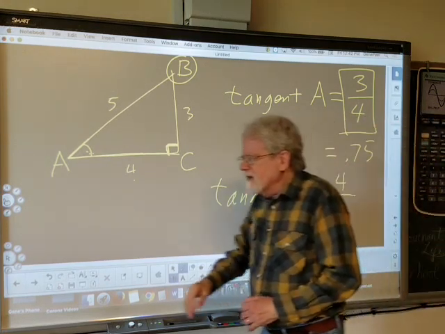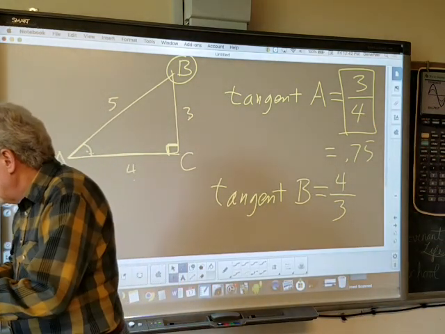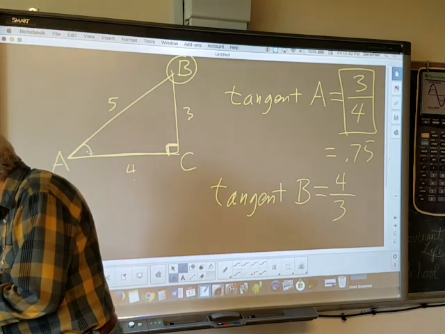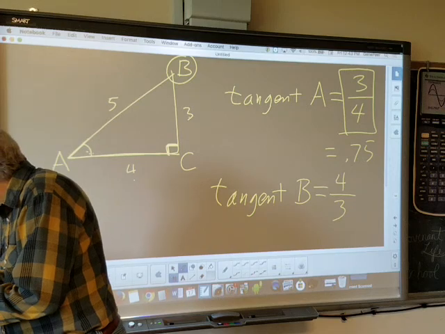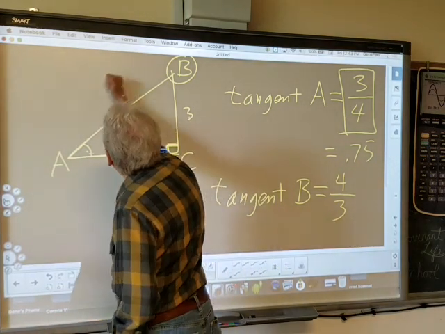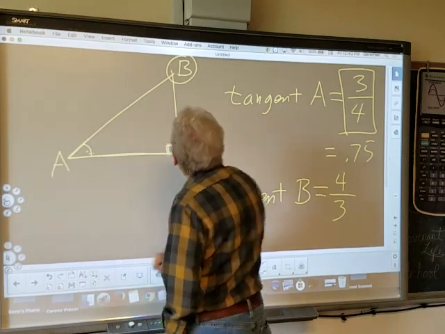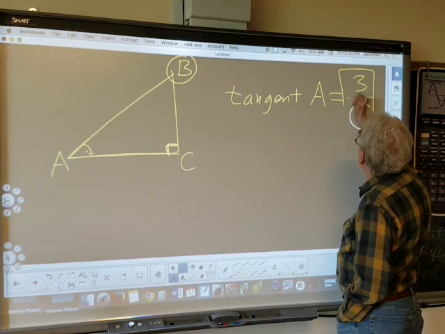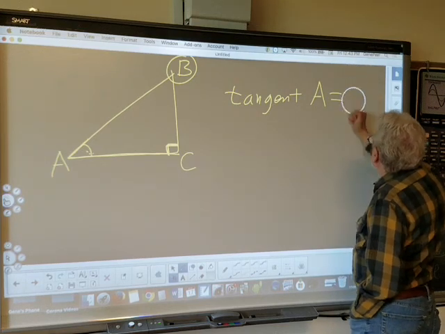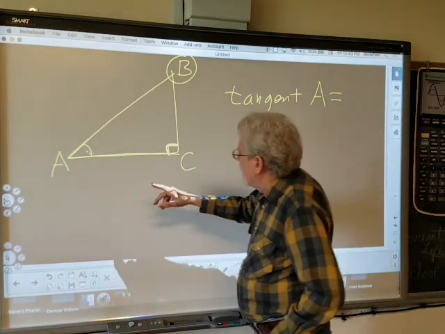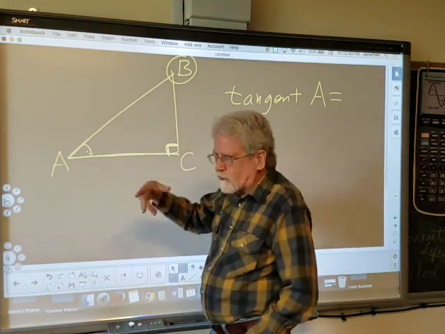Now, what do we do with this? Let's get a little more general here. Let's get rid of all the numbers, all this stuff. Suppose I ask you for the tangent of A, and let's name the sides the way I talked about before.